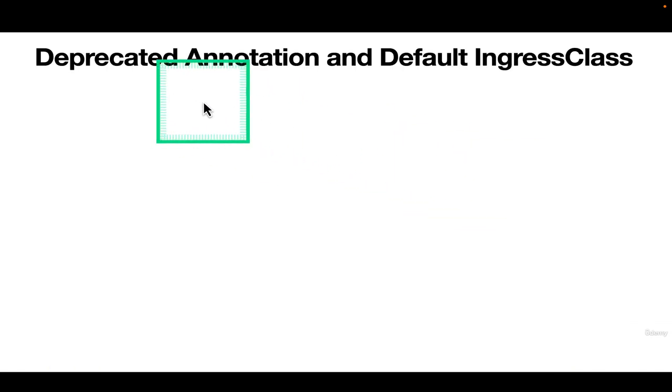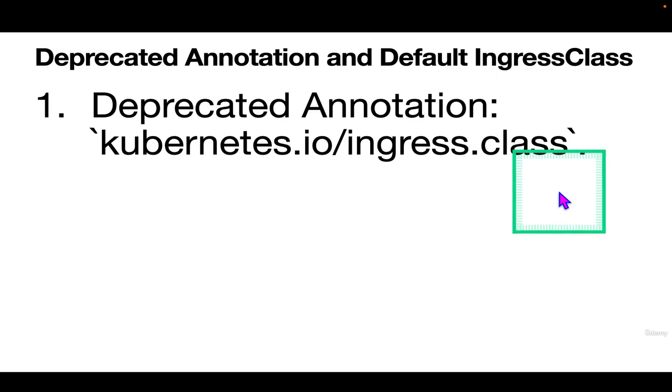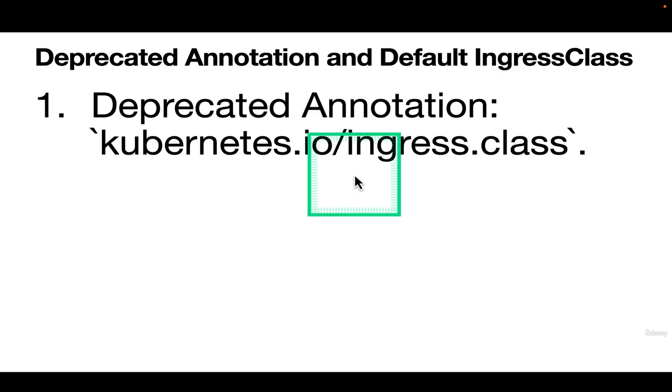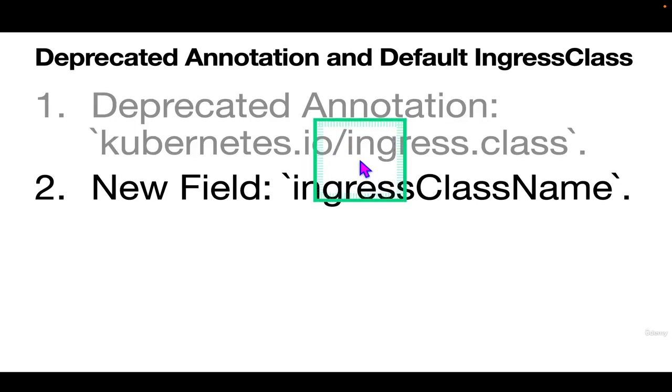Okay, deprecated annotation and default Ingress class. Before Kubernetes 1.18, Ingress classes were specified with the kubernetes.io/ingress.class annotation on the Ingress. Although it was widely supported by Ingress controllers, this annotation was never formally defined, so it got deprecated. Kubernetes 1.18 and later introduced the Ingress class name field on the ingresses, which is a reference to an Ingress class resource.